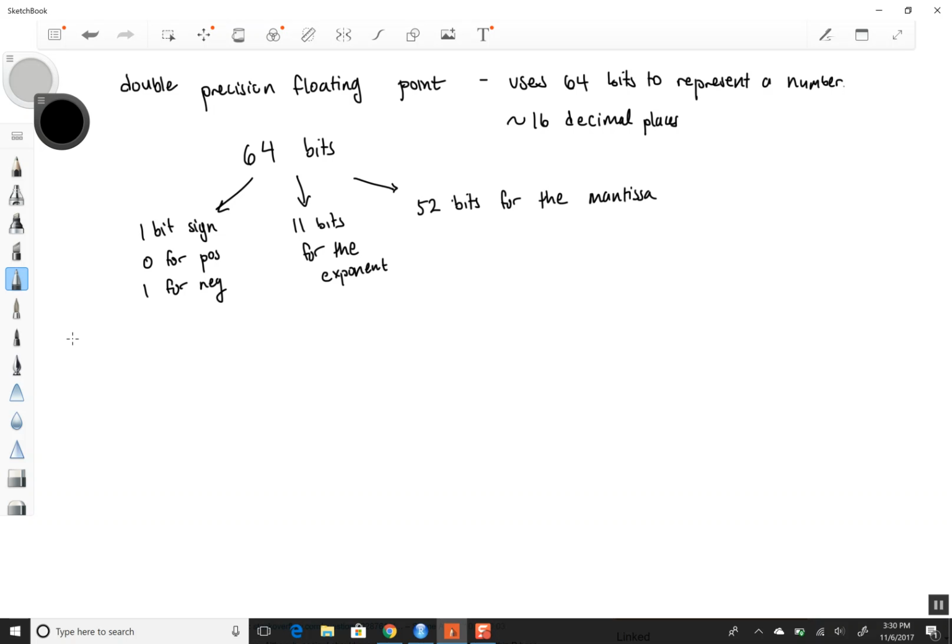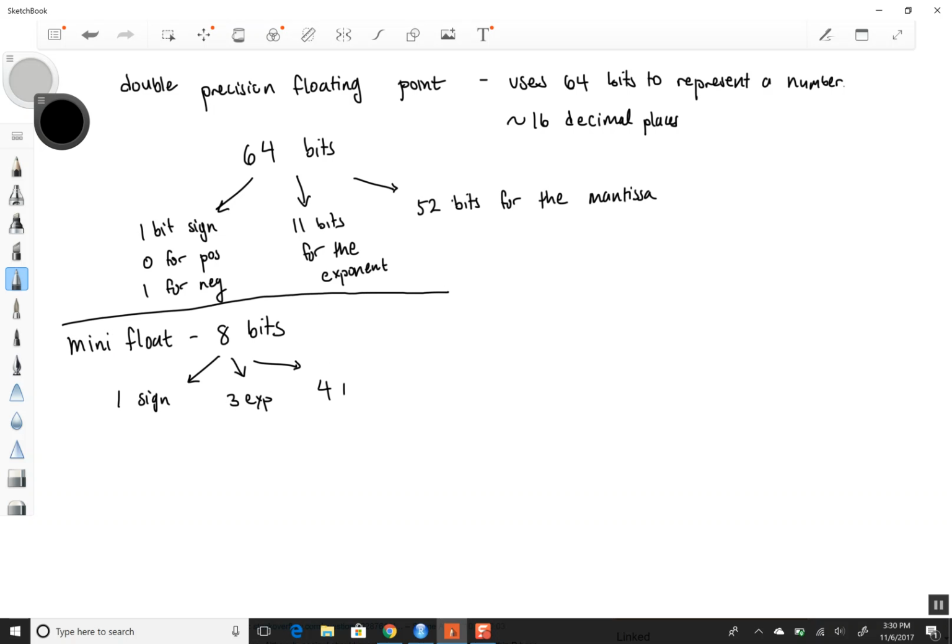And to give us the idea of how this works, I'm going to use something called a mini float. All right, so it's the same idea here, except instead of having 64 bits, the mini float will have 8 bits, okay? And of the 8 bits, we will have 1 for the sign, 3 for the exponent, and 4 for the mantissa.